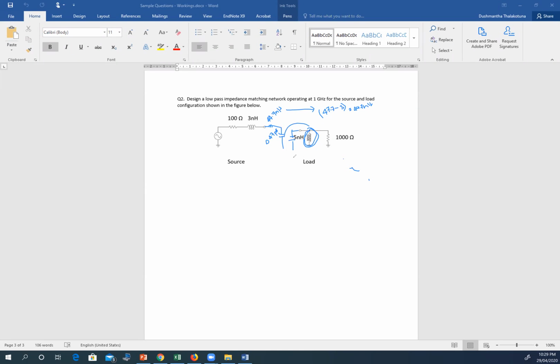So if I draw it again, I want some capacitance to cancel out the inductance, which is 5 nanohenry. That's L1, let's say, and this capacitance and this inductance should cancel out. So the impedance of 1 over j omega C should equal j omega L.